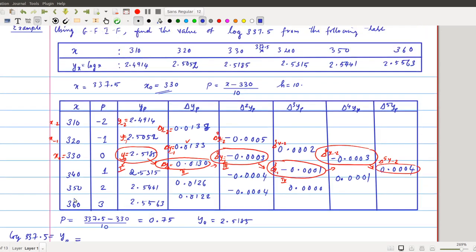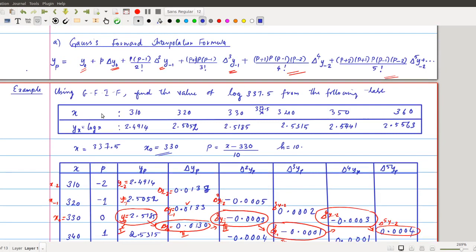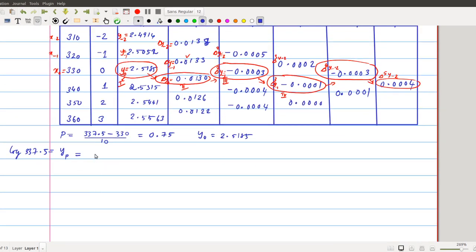This is the formula. We write the formula: y naught plus p times delta y naught plus p into p minus 1 divided by 2 factorial delta square y minus 1 plus p plus 1, p, p minus 1 by 3 factorial delta cube y minus 1 plus p plus 1, p, p minus 1, p minus 2 divided by 4 factorial into delta raised to 4 y minus 2.